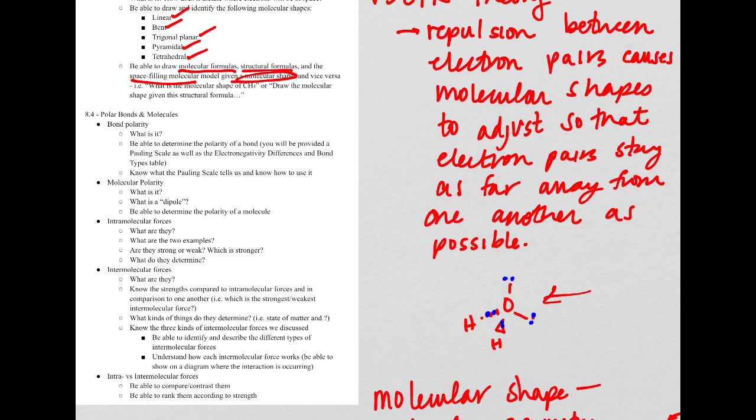That's your assignment for today: tell me what parts, if any, of section 8.4 you're having some struggles with, and you need to ask a specific question. Don't just say, what's molecular polarity? Ask a specific question, please. And also tell me if there are any questions about the assignment from Thursday, the Chapter 8 overall review questions. That needs to be done right now before the end of class.